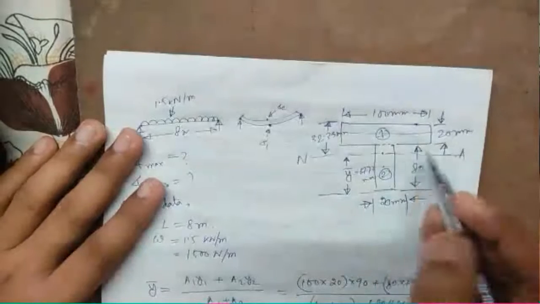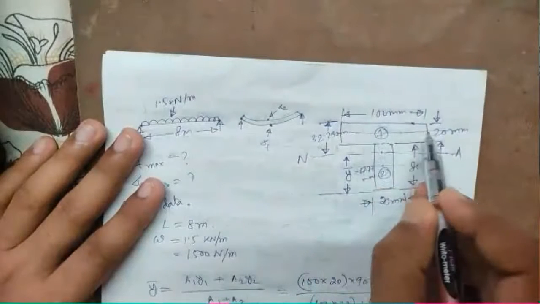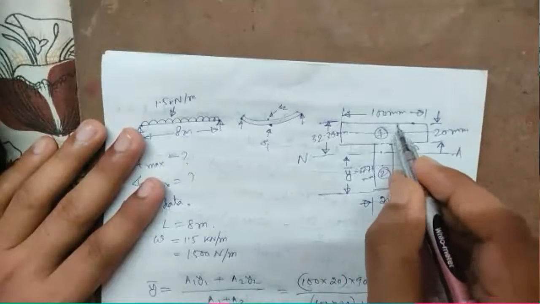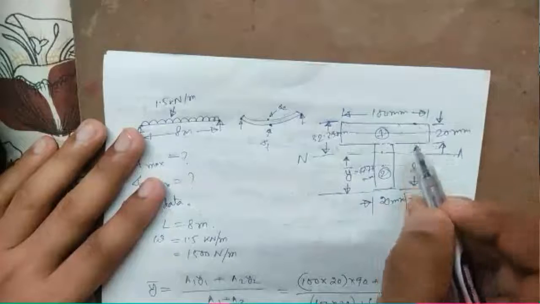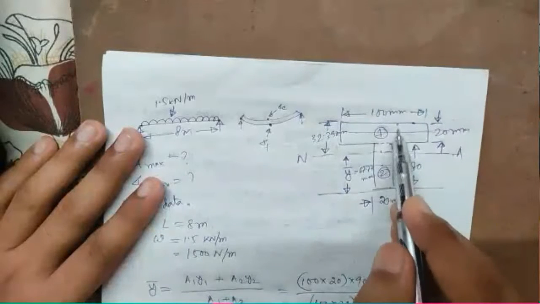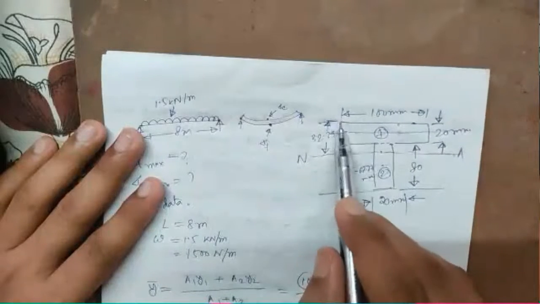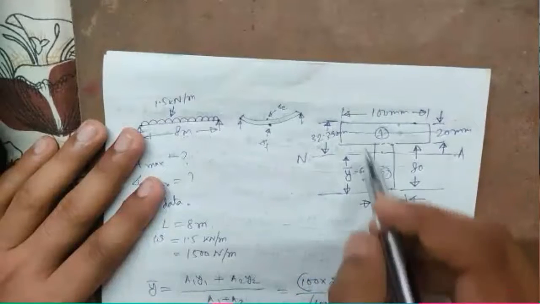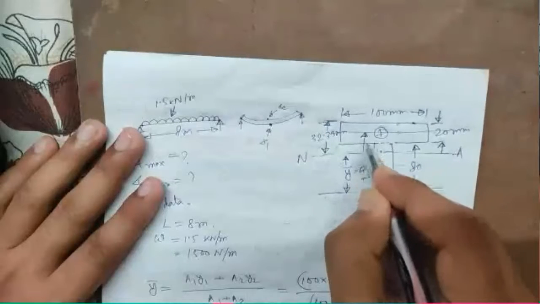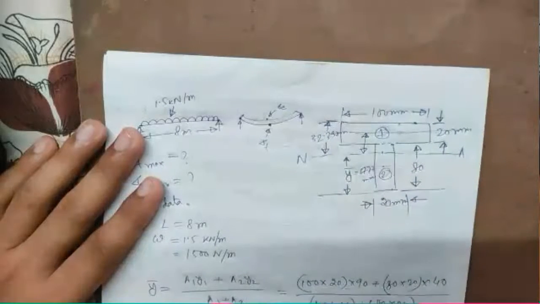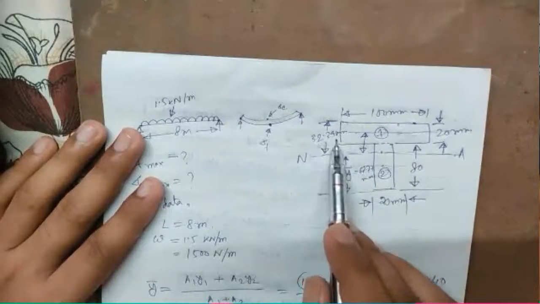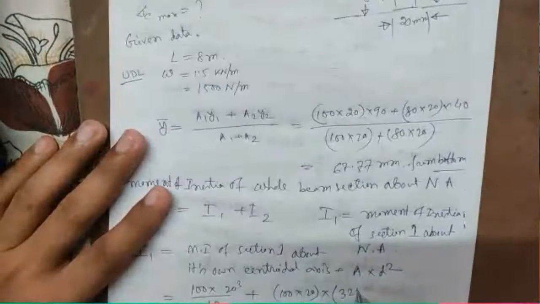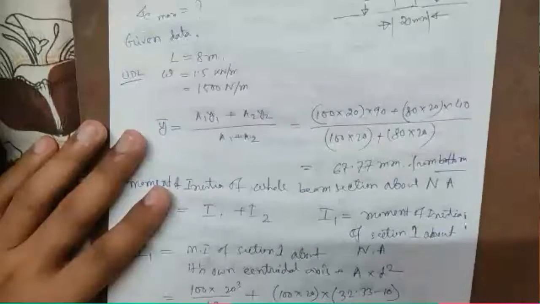From the top, this much is 10, because the whole section has thickness 20, so the middle is at 10. And from the neutral axis it is 32.33. So the distance is 32.33 minus 10, squared.